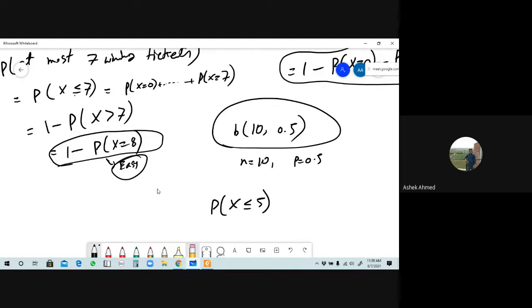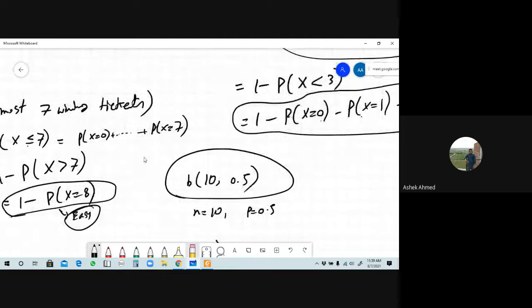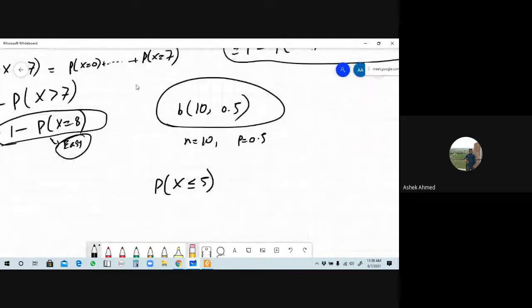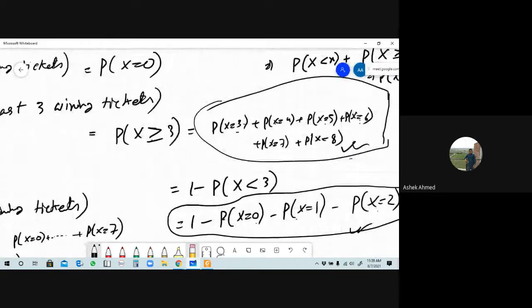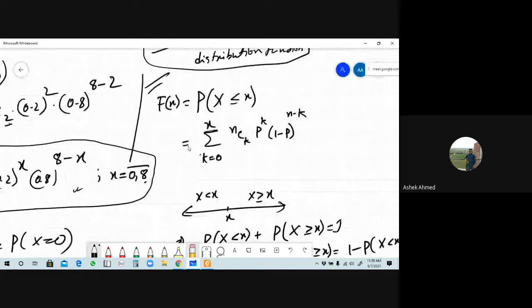We know that by using the theorem, by using the CDF of the binomial distribution, the probability of small x is equal to the probability of capital X less than or equal to small x. We can compare this value with this.